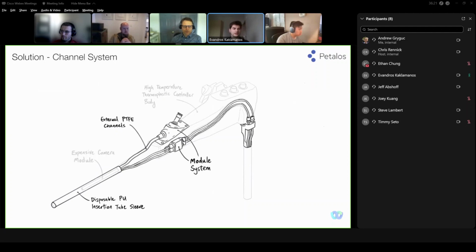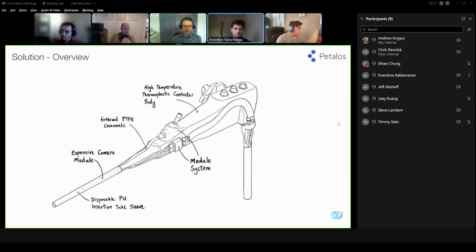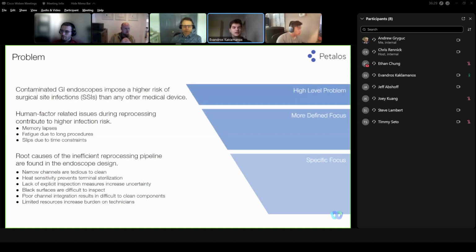So during our analysis, we found that, even one more back, Ethan, a couple more. There. So when we were looking at the reprocessing steps of endoscopes, essentially what they had to do was clean the entire device. And the way their channels are designed is that all their channels are reusable, and they use these long brushes to try and clean out any debris inside of it.